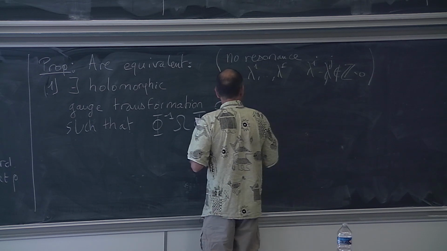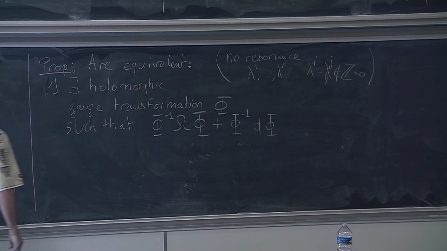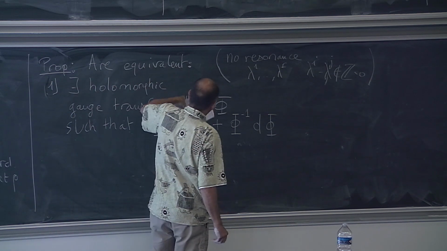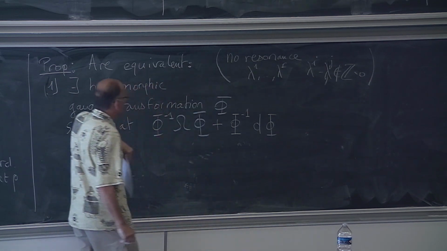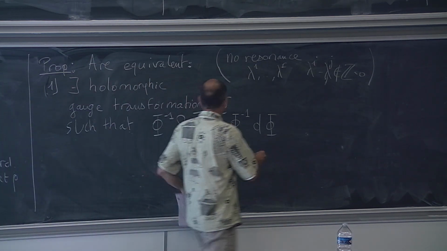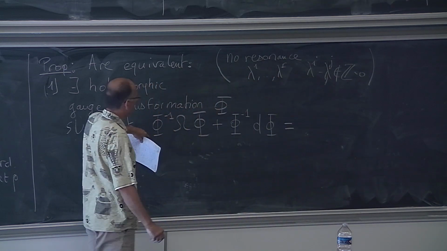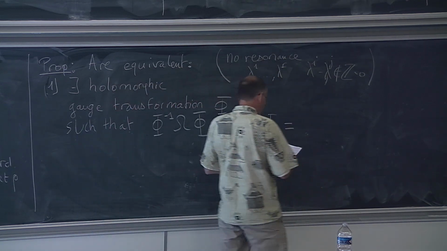This is what happens if you change the local trivialization of the bundle by some bundle isomorphism phi. Then it acts. This will be the new matrix connection. It will be given by this.